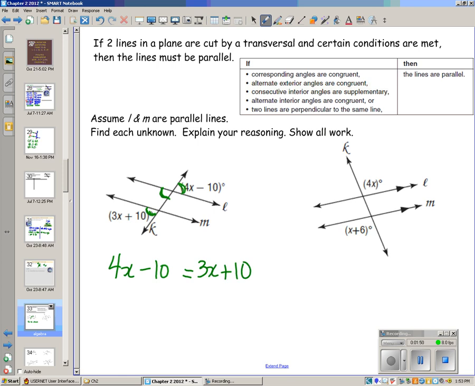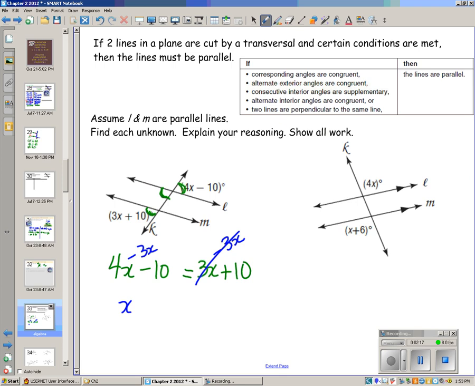Okay, so now we've got to get x by itself. What do we do to get the x's to one side? Subtract 3x. That gets rid of those, right? Subtract 10. You won't be dividing until the last step. It's like you're doing the opposite of BEDMAS, okay?